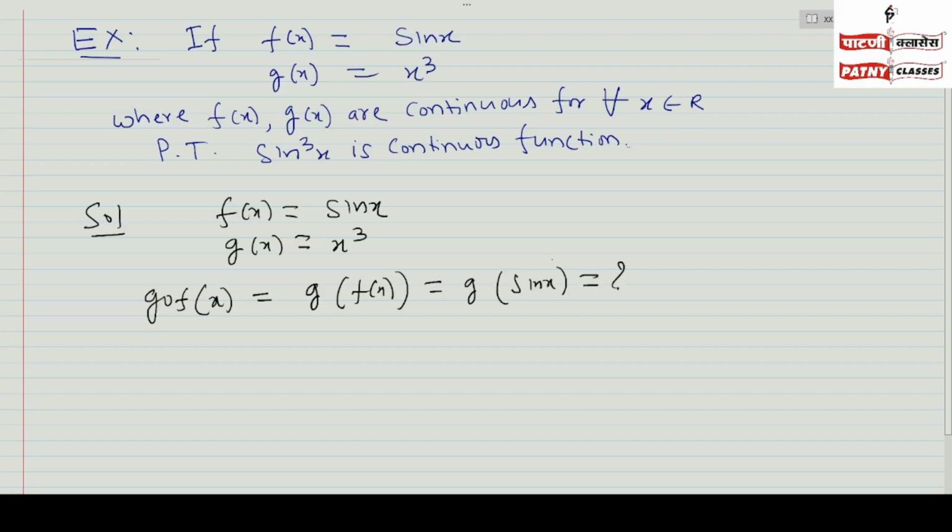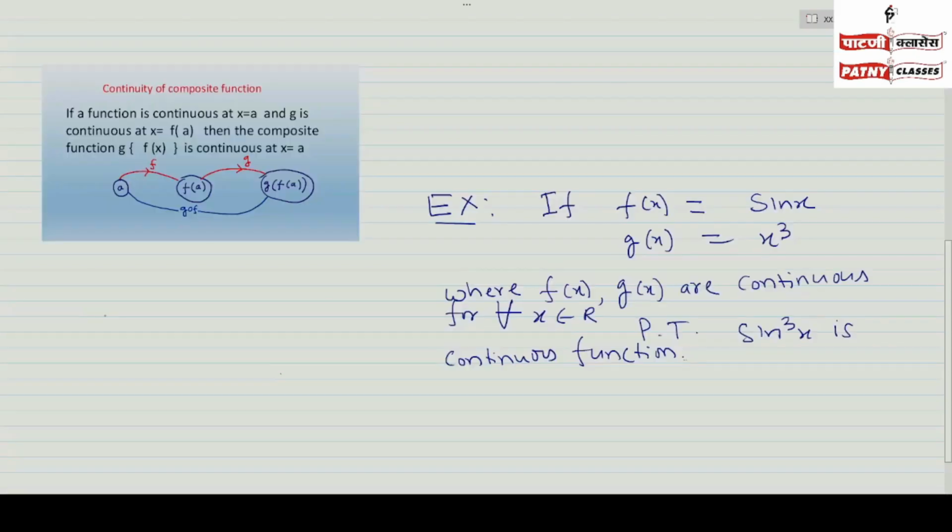Since g of x equals x cube, therefore g of sin x equals sin x whole cube equals sin cube x.